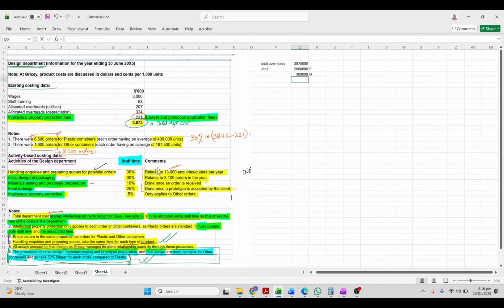So this plus this will give you the total number of units. So overhead per unit will be overheads divided by this total units. They are saying that at Greasy, product costs are discussed in dollars and cents per thousand units. So these are overheads per thousand units, right?